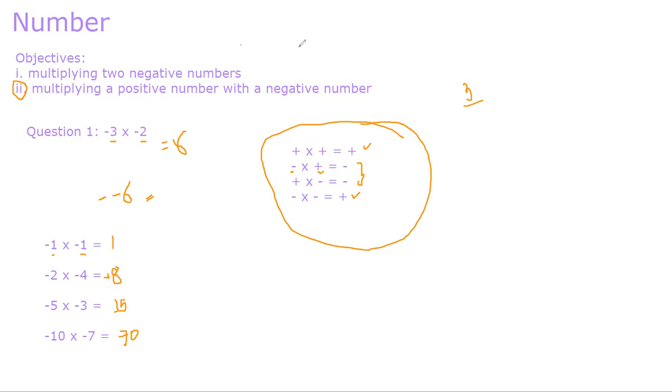So for example, there are two examples: minus 2 multiplied by minus 3 multiplied by minus 4, and the other example is minus 2 multiplied by minus 3 multiplied by 4. And let's just say that there is another: minus 2 multiplied by 3 multiplied by 4.